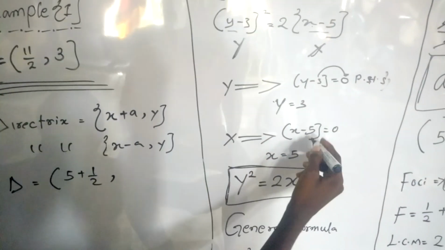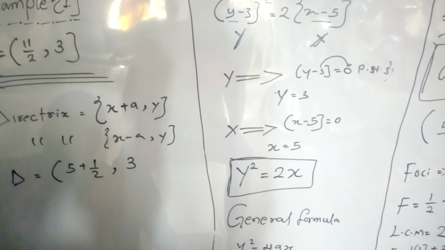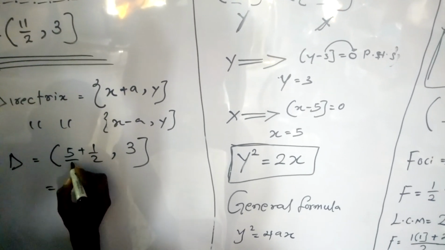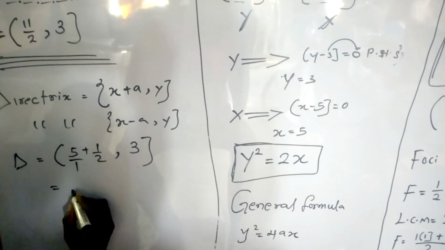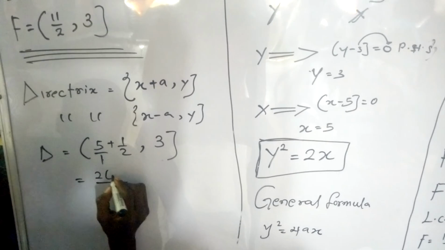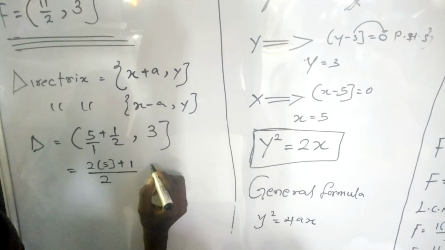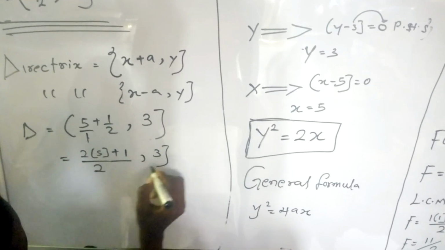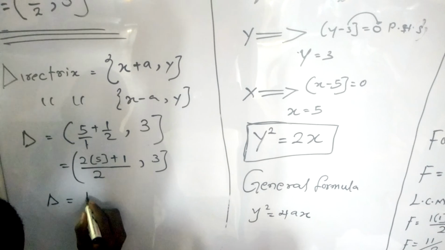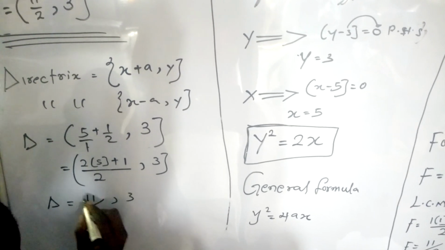Then our y is 3. So the LCM is 2. So 2 times 5 plus 1, 11, so our d is 11 over 2, 3.